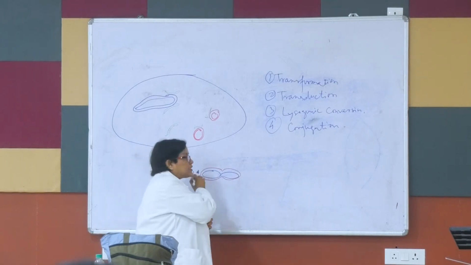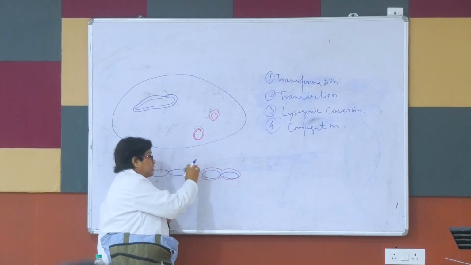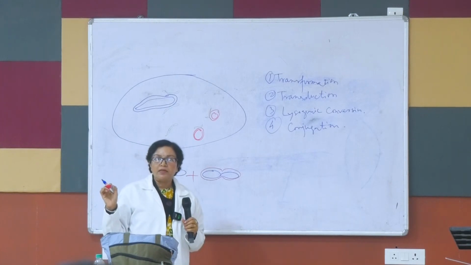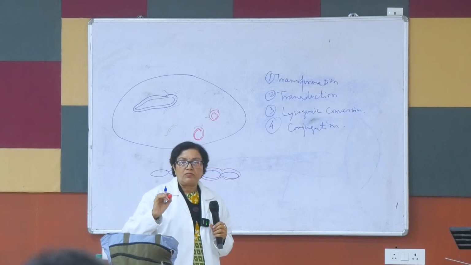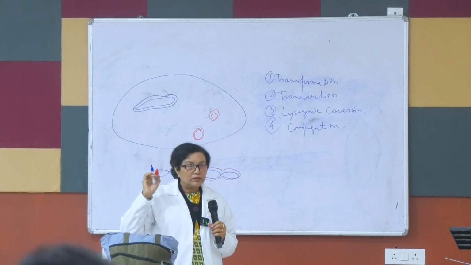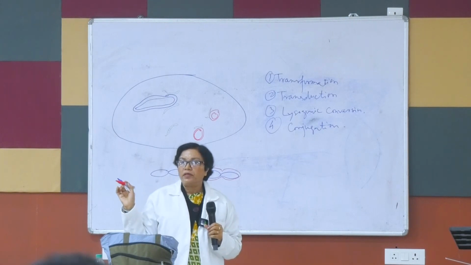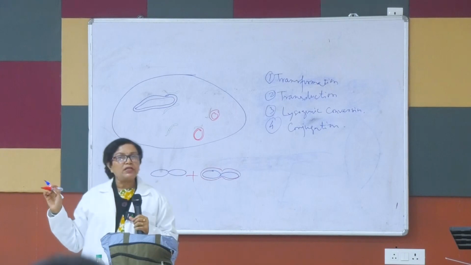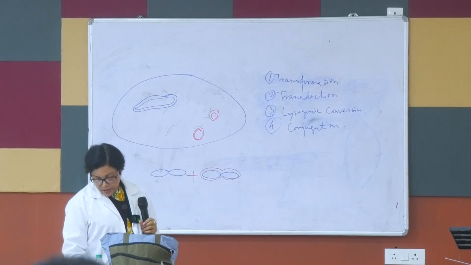There must be some genetic code passed from the dead to the living one, which helped formation of the virulence factor. It was proved to be by the help of free DNA. So there was capsule formation and the mice died. This was transformation.